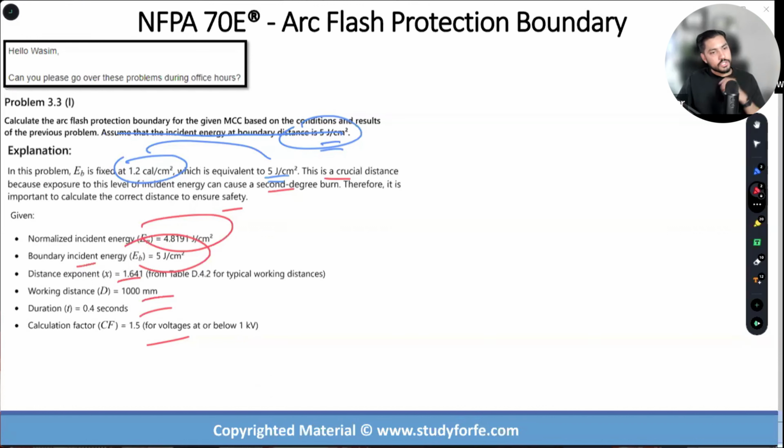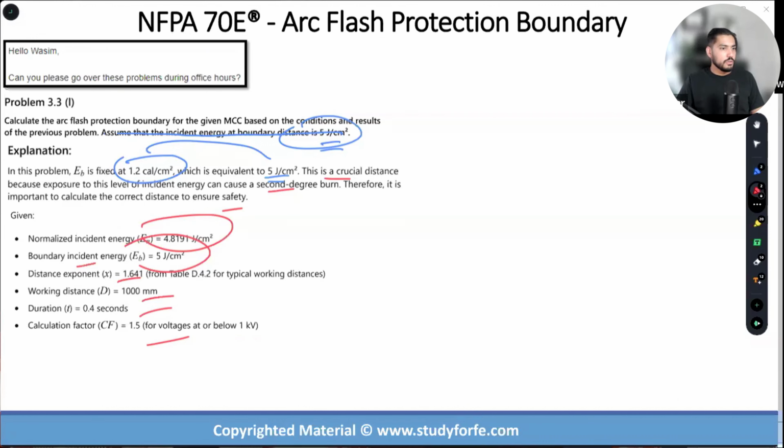Now, if I want to test you on arc flash protection boundary, on the exam, what would be a practical and fair way for me to test you if I cannot build on top of different problems? What do you guys think? It's common sense.